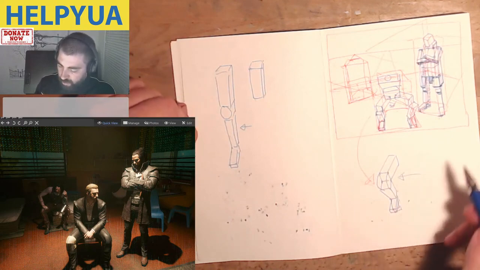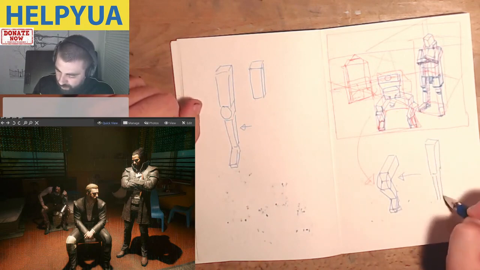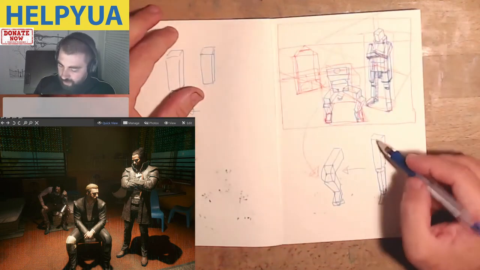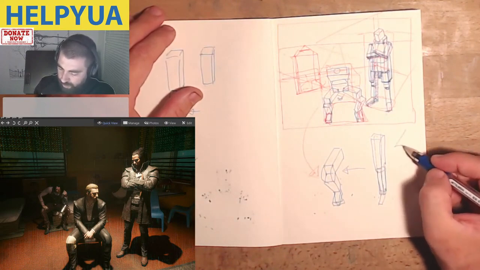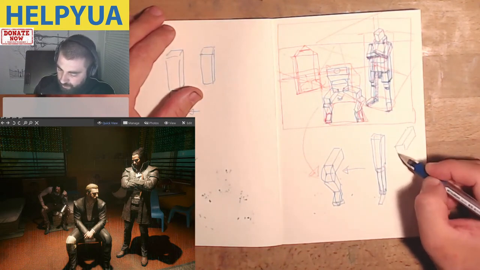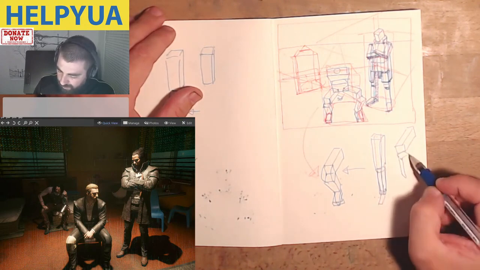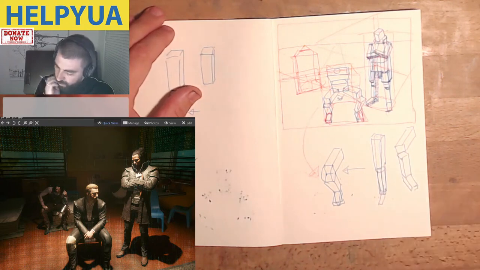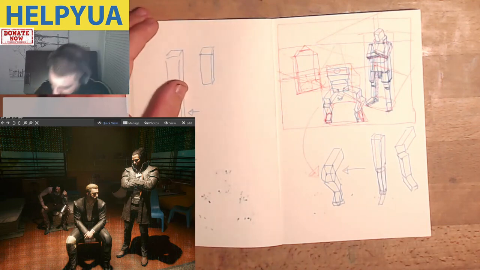When the leg is straight, this part is not rotated, it will continue, but when it's bent, this part of the leg can be rotated. You know what I mean? If you sit right now, you can check yourself.